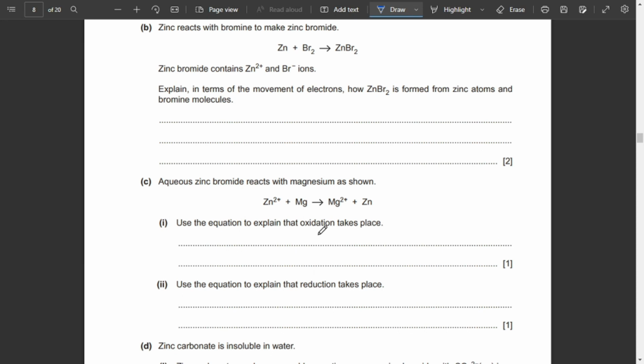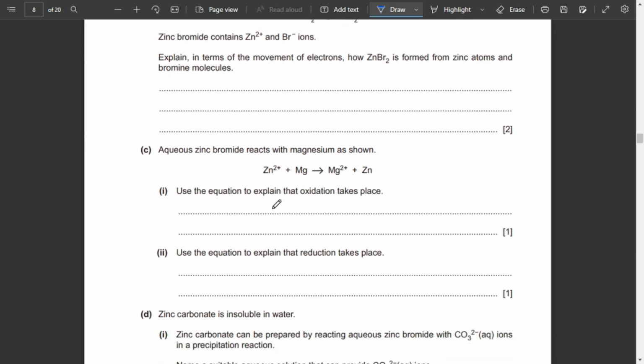How can we do that? If we see over here, magnesium is losing its electrons, and the oxidation state is increasing. That is why oxidation is taking place with magnesium. You do not need to mention anything about zinc since it's not being oxidized, it's being reduced.